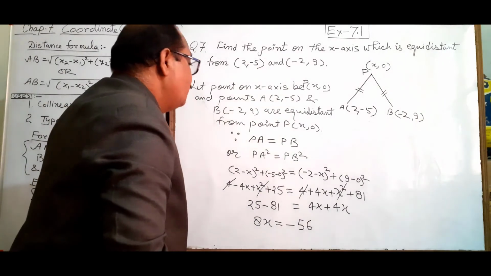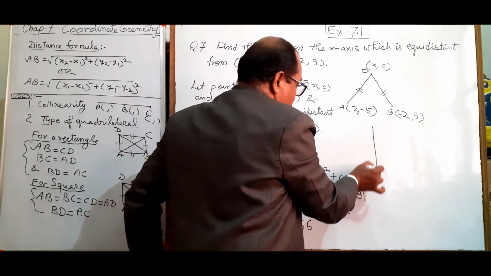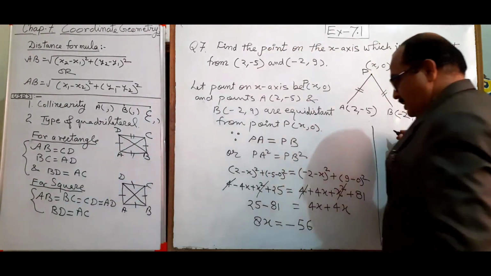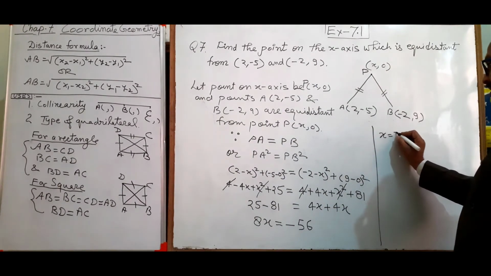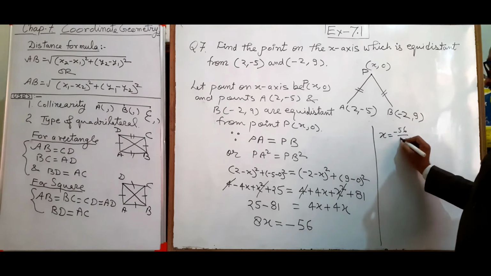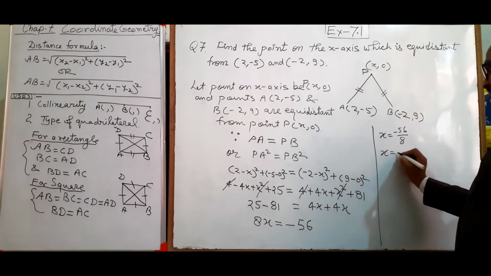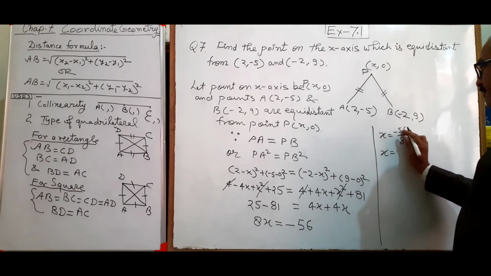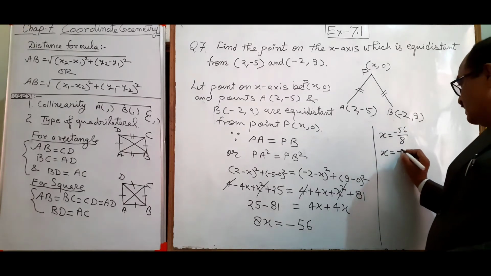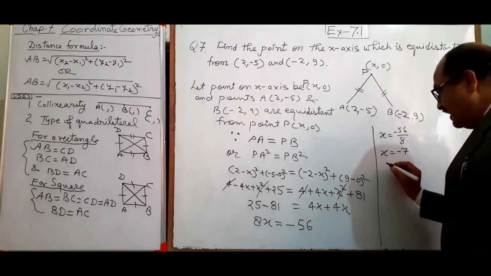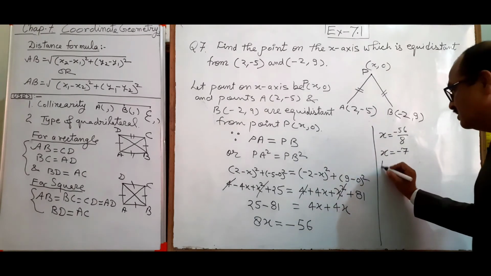Now the value of x you can calculate here. You can see the value of x is minus 56 upon 8. x is equal to how much? You can see minus 7. Now you can write your answer in a sentence.